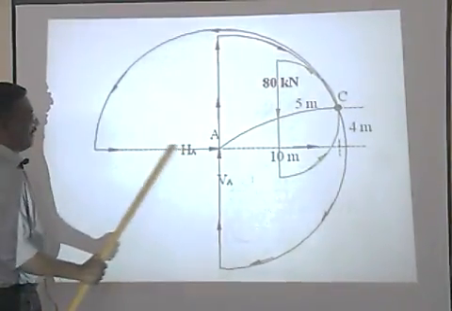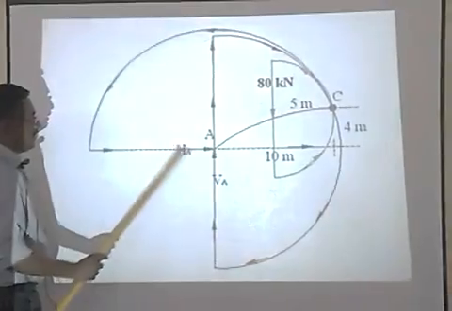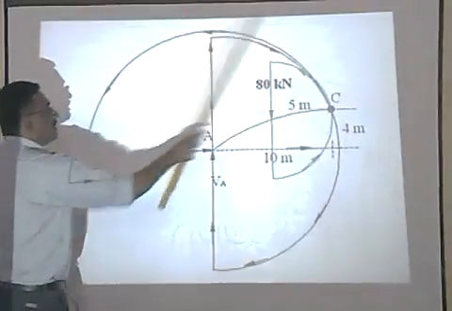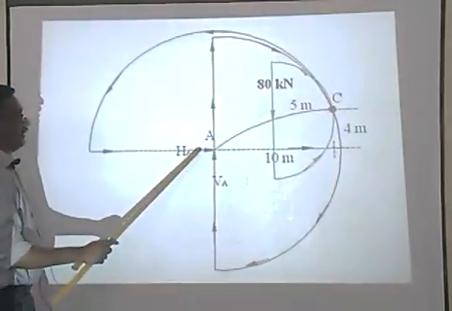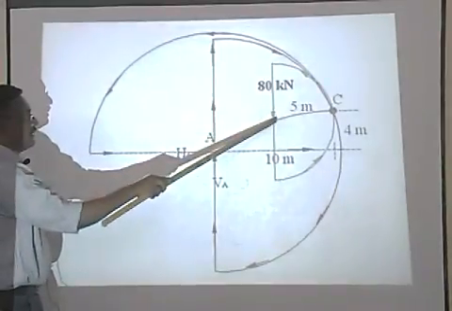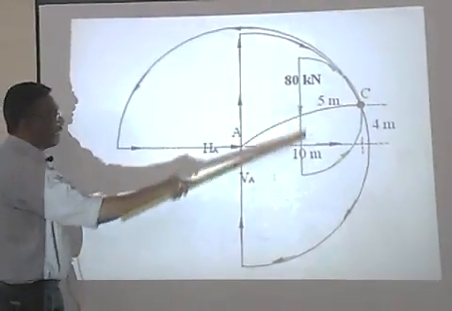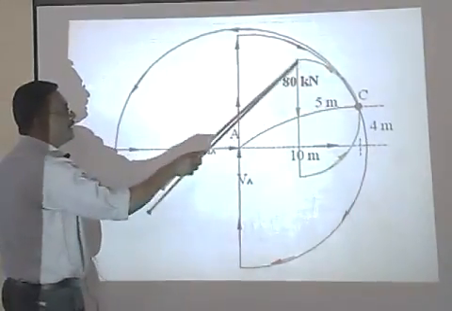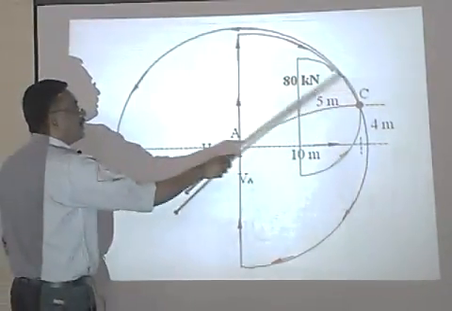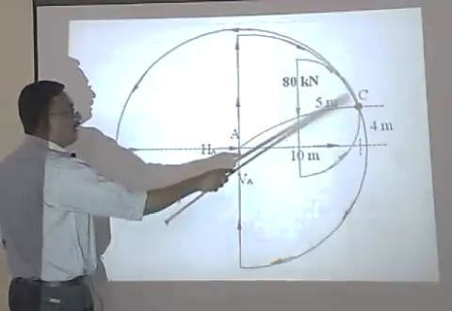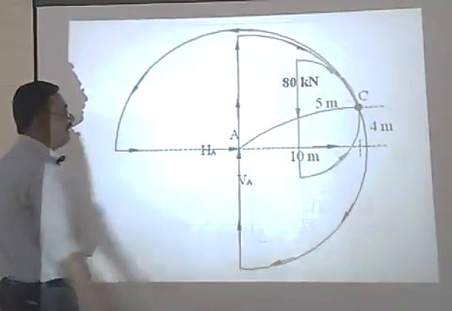The horizontal reaction HA makes an anti-clockwise rotation, which is negative. The downward load of 80 kilonewton also makes an anti-clockwise rotation, so it is negative.